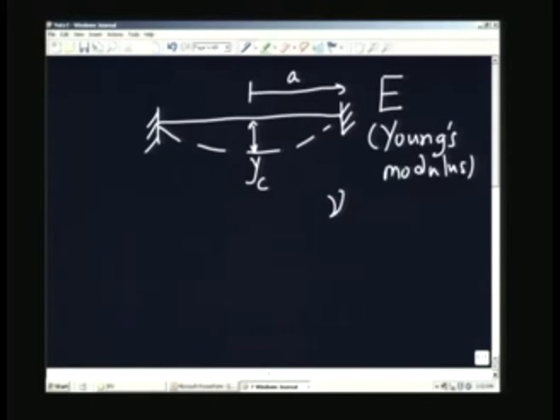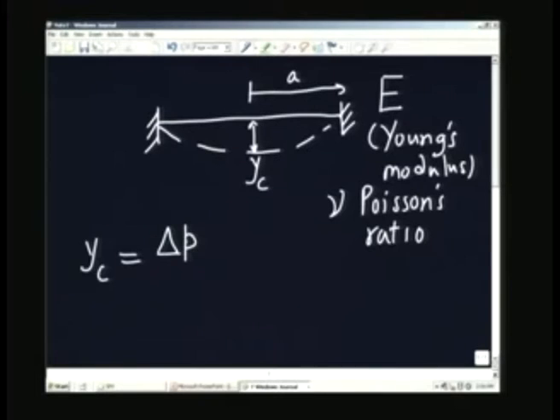The Poisson ratio, nu is the Poisson's ratio, is also going to play a role in determining the displacement of the diaphragm, and the formula which describes this is given by YC is equal to delta P. Delta P is P minus P A, as we already have written down earlier.